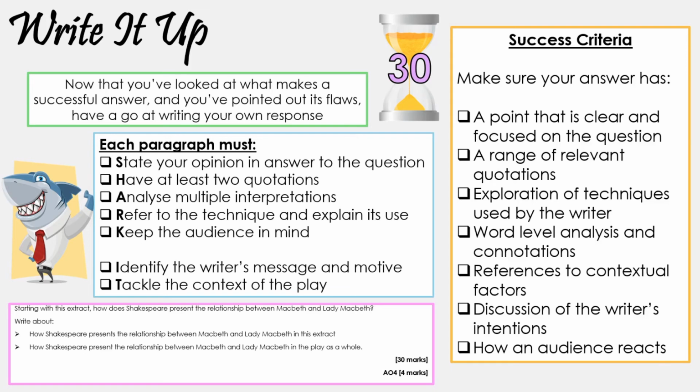Take a few minutes and read over your answer, and double check that it's got everything in there that you need to get your target grade. Check the success criteria, check the mark scheme, check your list from slide 5, and make sure there are no silly mistakes in there. Remember, there are 4 additional marks for spelling, punctuation and grammar on this question, assessment objective 4.